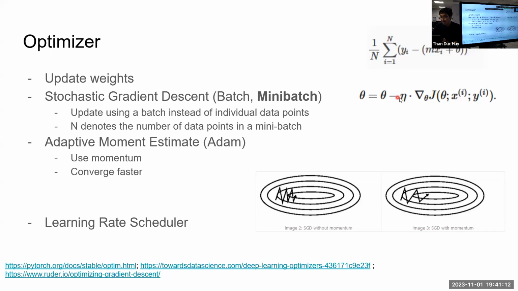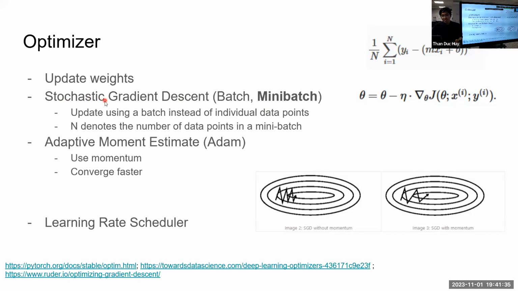We want to update the weight by going against the gradient using a certain learning rate, right? So this is the vanilla version. You calculate the gradient, then you multiply by the coefficient, then you go against it. So that is the idea of gradient descent.